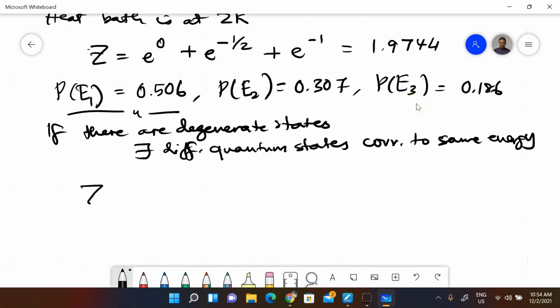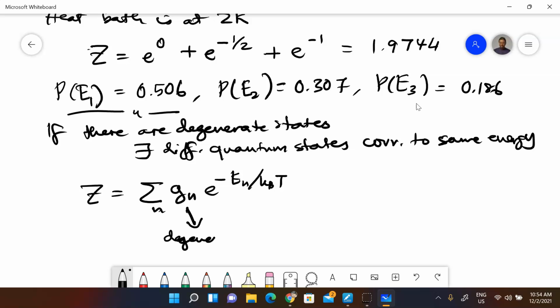So your partition function now becomes the sum over the exponential again, but now you have this factor coming in. This is the degeneracy factor. How many states correspond to the same energy?